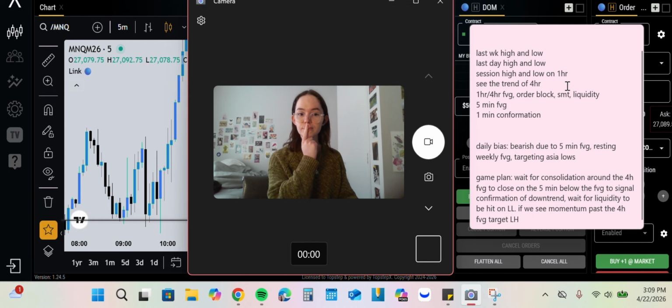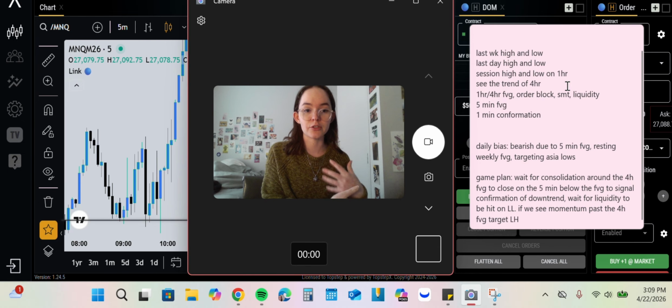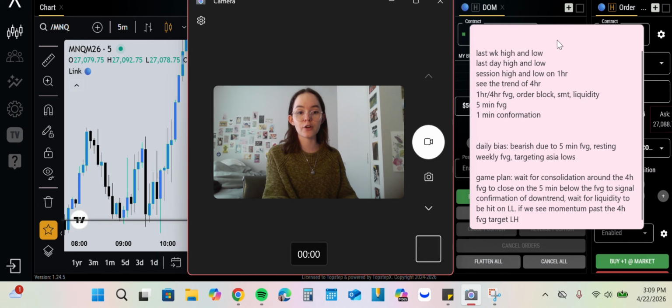It took me a while to figure out this setup and develop good discretion to use it, because obviously not every day are you going to go through this list exactly bullet by bullet.